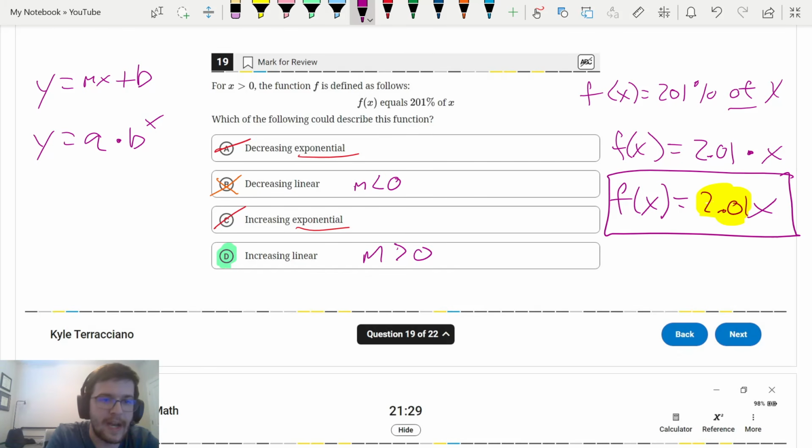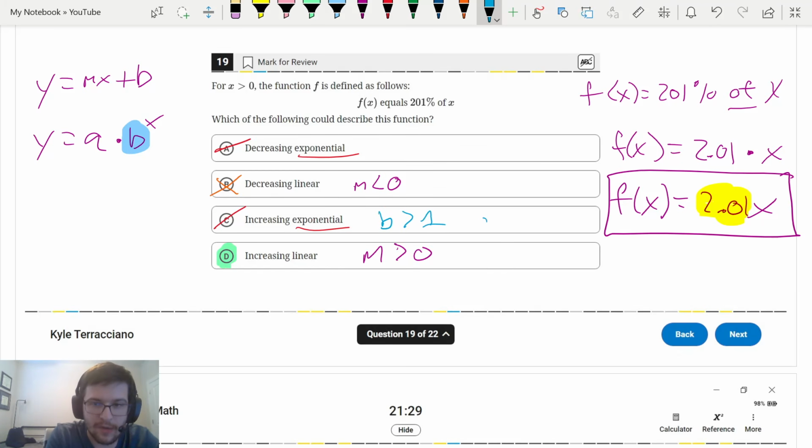And exponential, how you can tell is, remember from a times b to the x. Again, I'm not talking about the b in slope-intercept form. I'm talking about the b in exponential. So you have increasing exponential when b is greater than 1.